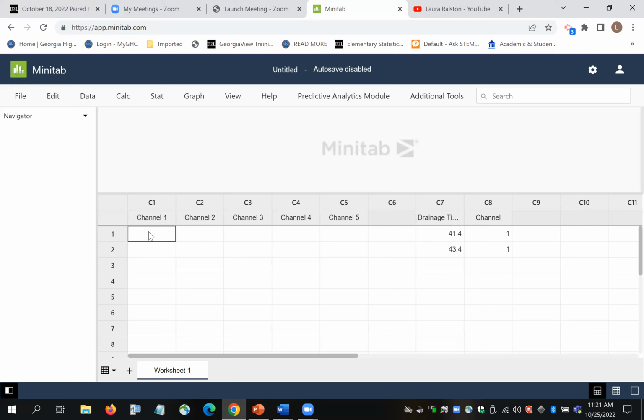Again, I prefer to do it, excuse me, I've got the yawns, in individual columns. So under channel 1, I'm going to type the 4 times that we were given for channel 1. For channel 2, I'll put it in its own column. You want to be extra careful, as always, to make sure you don't mistype something.